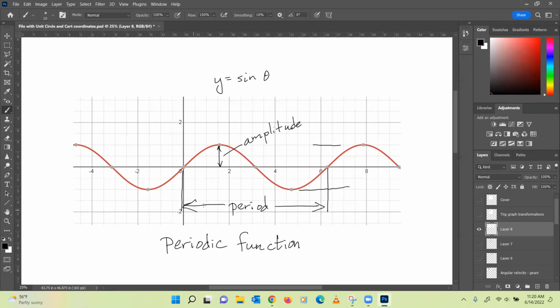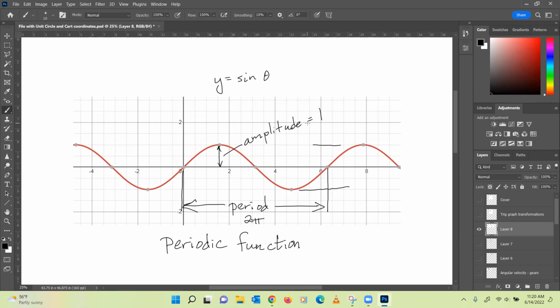So in this case, the period is 2 pi. Our amplitude in this case is 1. When we use a very basic function, that's our amplitude. How high does it go? The period, how long does it take, or how large is the angle through which you have to turn before you get back to where you started? That was 2 pi, I'm sorry.